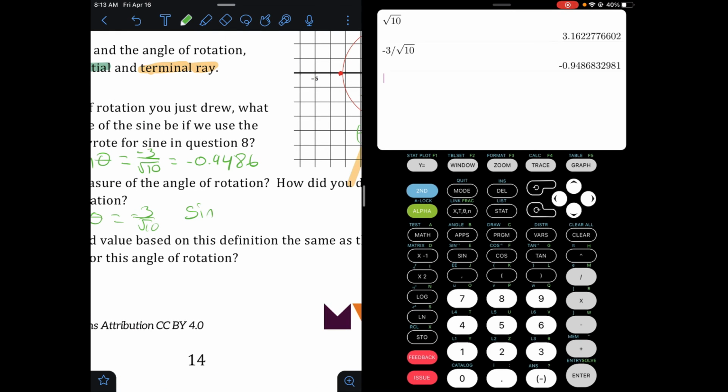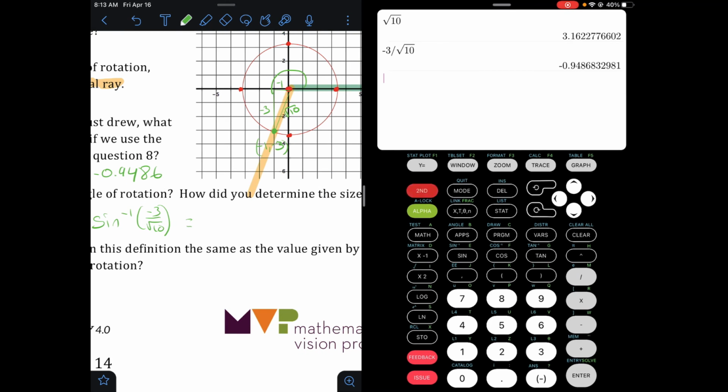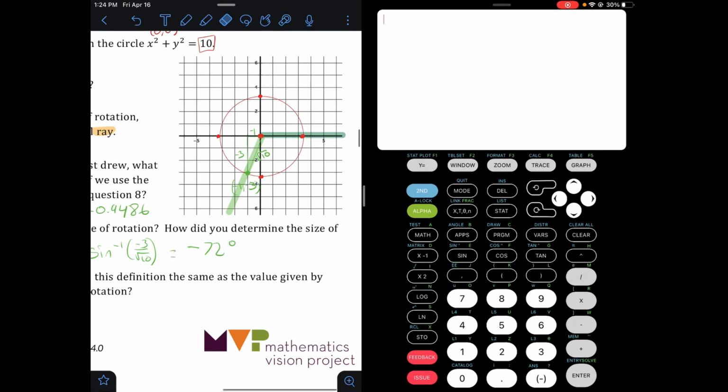So we're just going to do sine inverse of that, and that is going to give us -72 degrees. Okay, so we got -72 degrees.